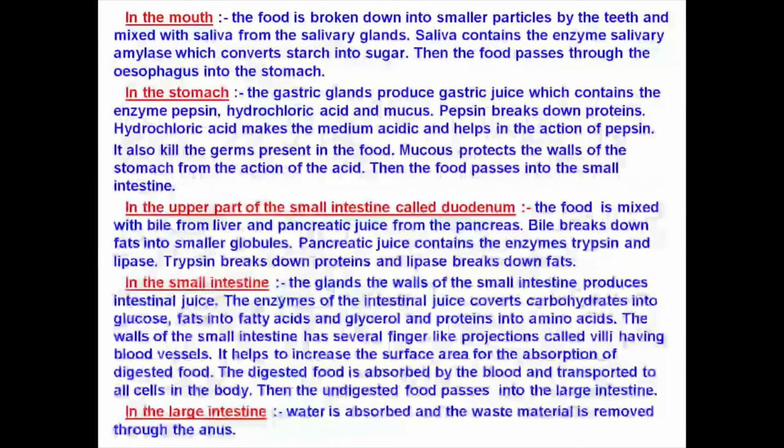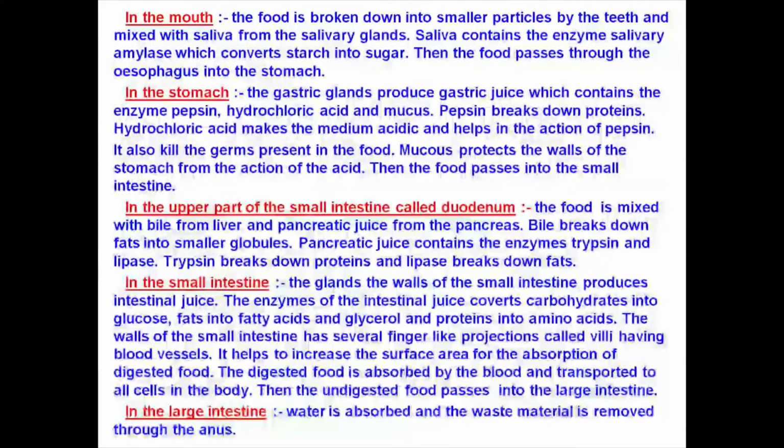In the small intestine, the glands of the wall of the small intestine produce intestinal juices. The enzymes of the intestinal juices convert carbohydrates into glucose, fats into fatty acids and glycerol, and proteins into amino acids.